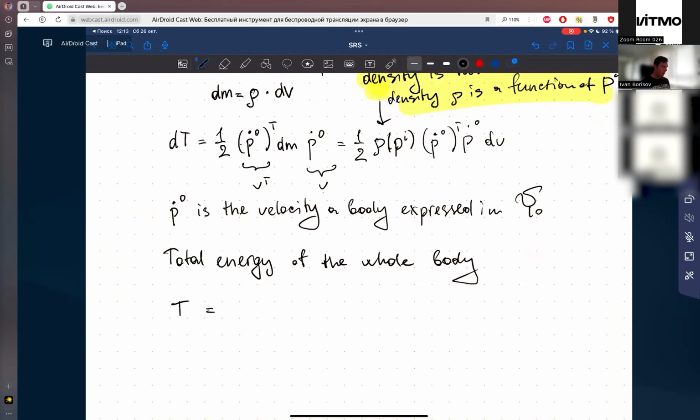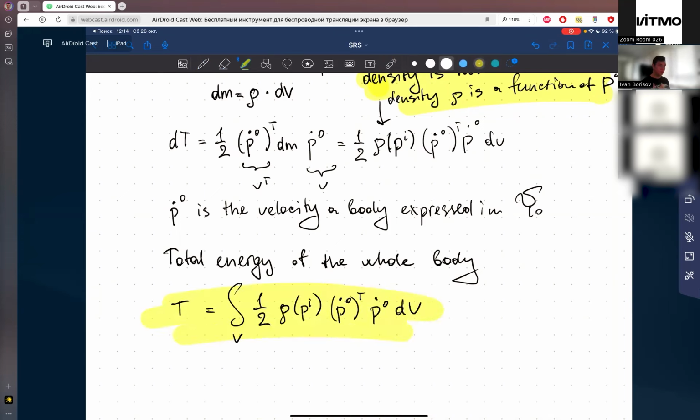So the kinetic energy will be the integral over volume. It will be 1/2 rho, which depends on pi, p dot transpose 0, p dot 0 dV. This will be the kinetic energy of a rigid body. But since it's kind of messy, we would like to rewrite it.